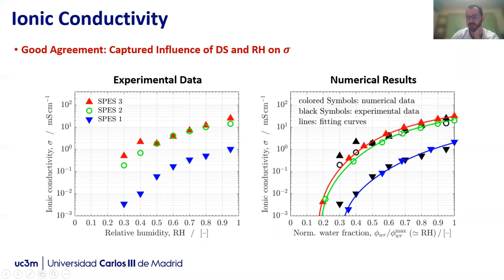You can see that there is a good match between experimental and numerical data, also in terms of order of magnitude. There are some points that are not perfectly matched, but we capture the functioning of the membrane, which is the target of the work.